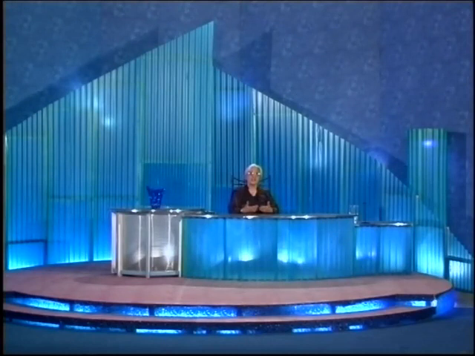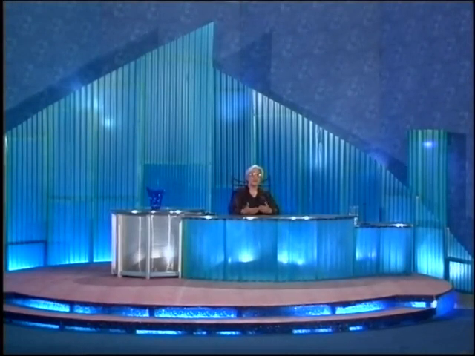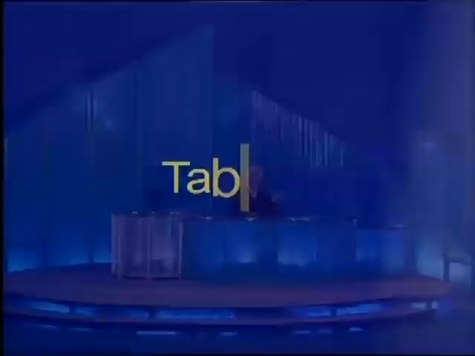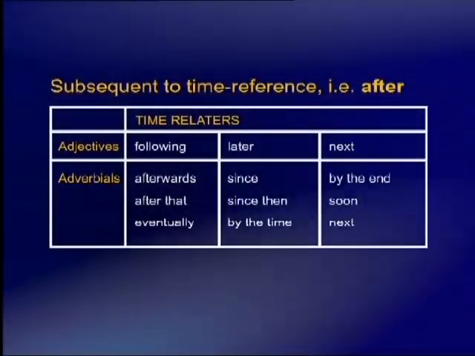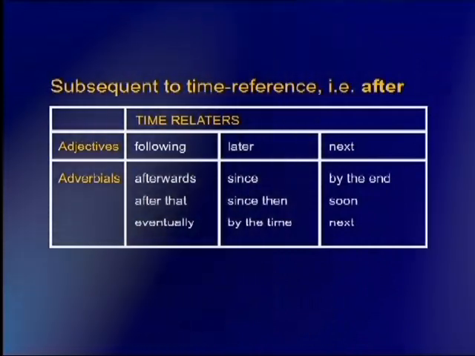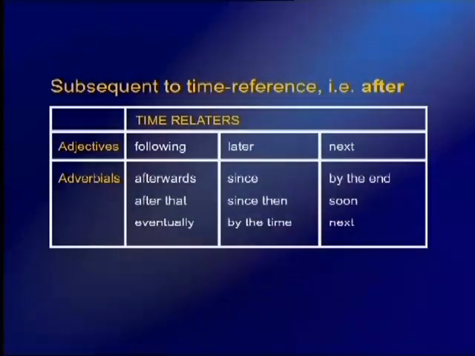Now we've also got words in English that refer to the time period that took place long after a certain event. We've got subsequent time references, such as the word after. And again, these are adjectives and adverbials.